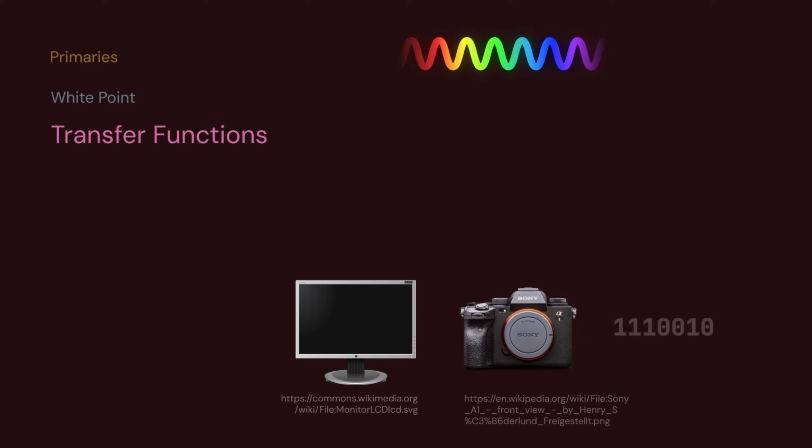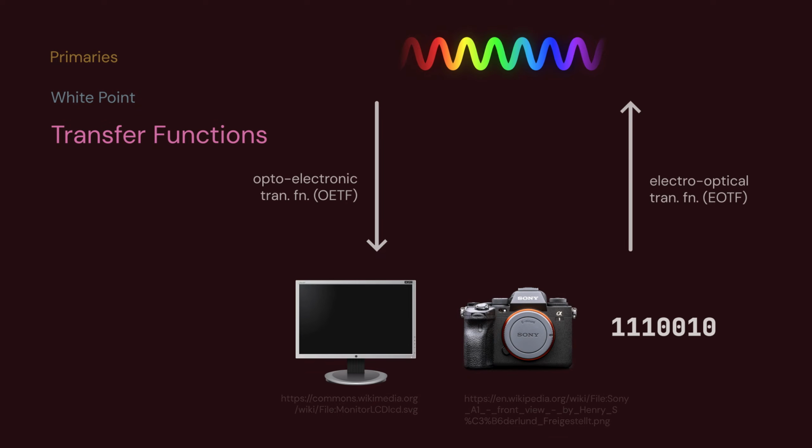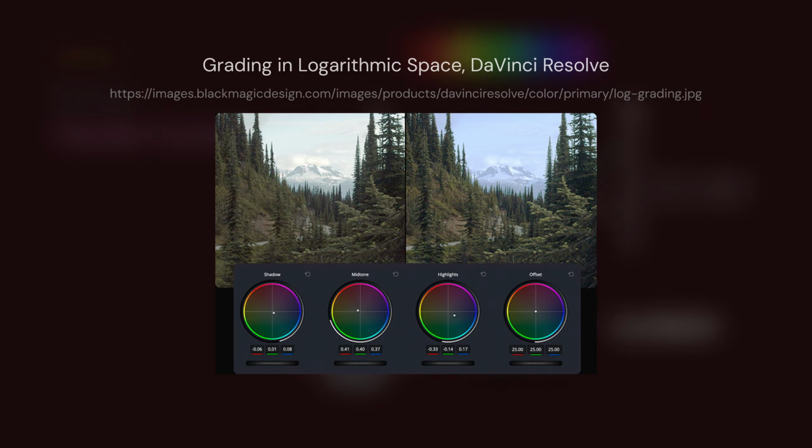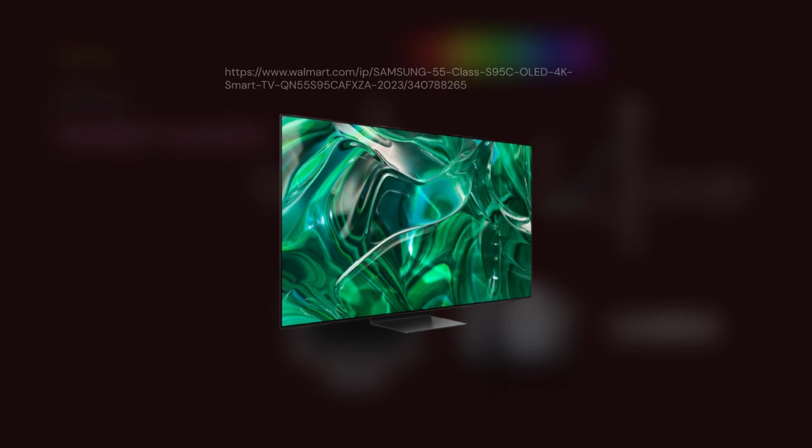The transfer function of a color space defines whether the RGB values are linear or nonlinear. Linear color spaces are used in physical calculations like rendering a photorealistic scene, while nonlinear spaces can be used in color grading, display devices, or cameras.